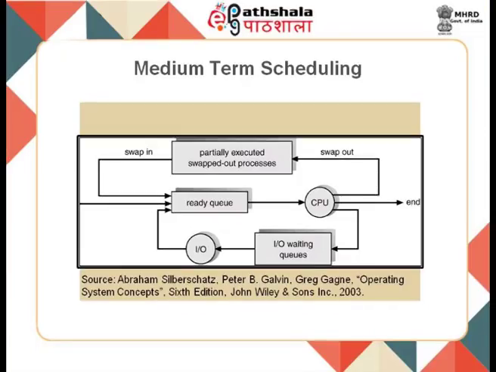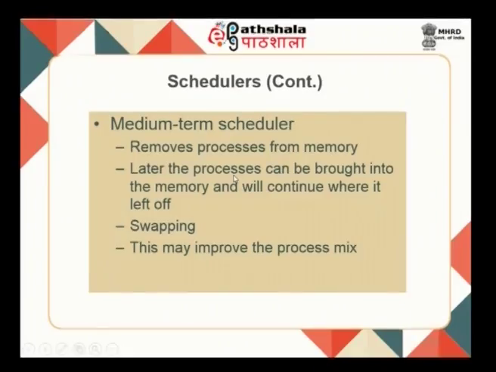Then some other process which is partially executed but still present in the main memory can be moved to the swap device, the secondary storage device, and then you can bring in the required process that you want into the main memory. So, these partially executed processes being swapped out and later swapped into the ready queue in the main memory is done by the medium term scheduler.